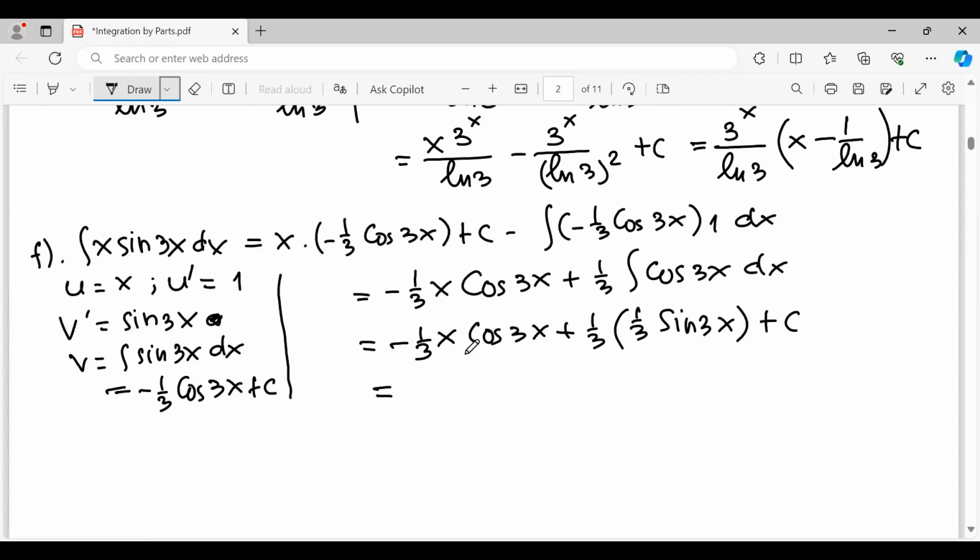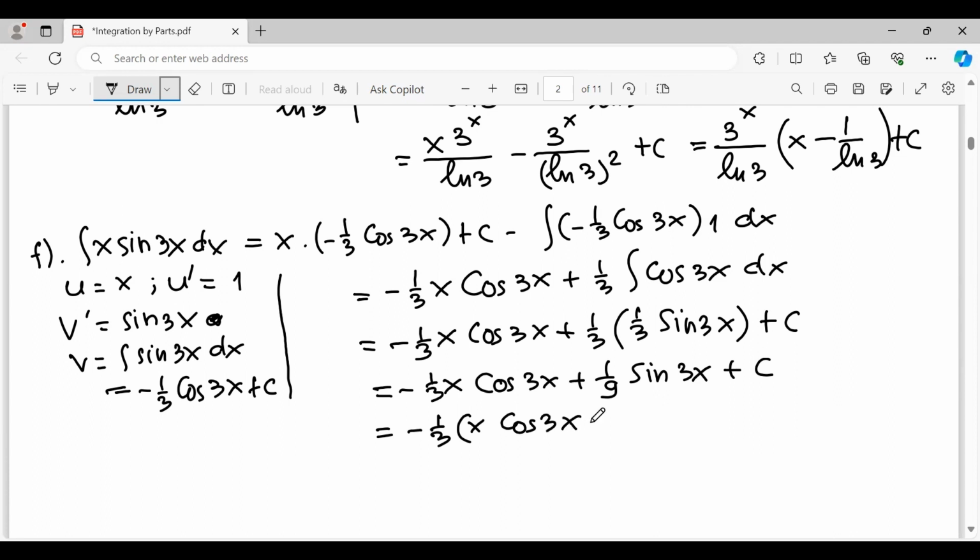This is minus 1/3 x cosine 3x plus 1/9 sine 3x plus c. If you would like to factorize, you may factorize like this: minus 1/3 times x cosine 3x minus 1/3 sine 3x plus c.